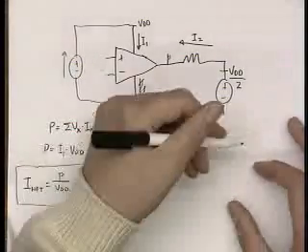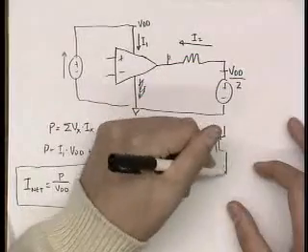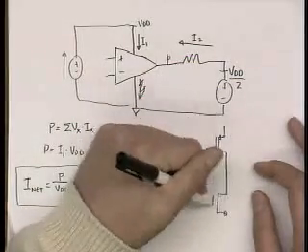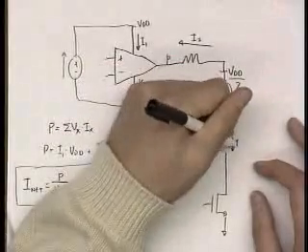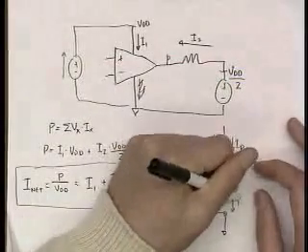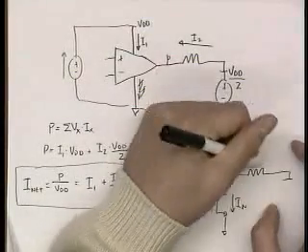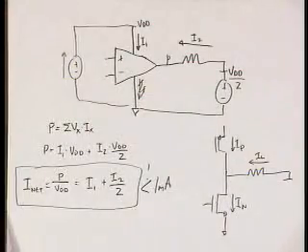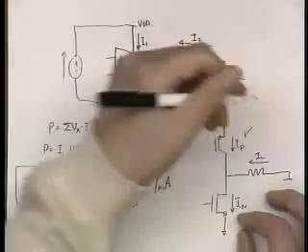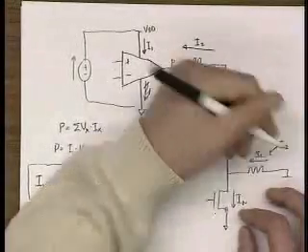So let's assume that your output stage has an NMOS and a PMOS device. Okay. So let's call this IP, this IN, and this iLoad. Okay? So this was formerly called I1, and this was formerly called I2, but I've changed it now.